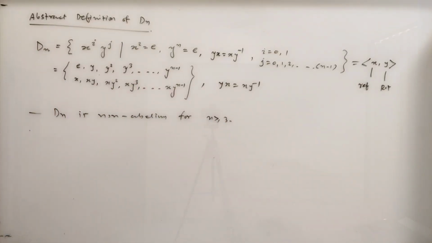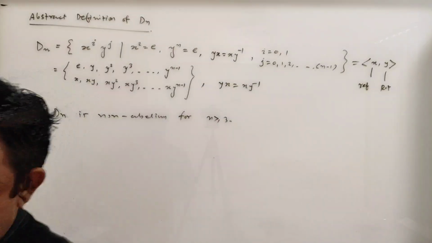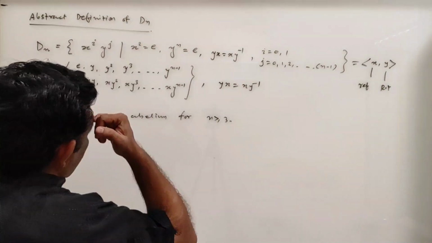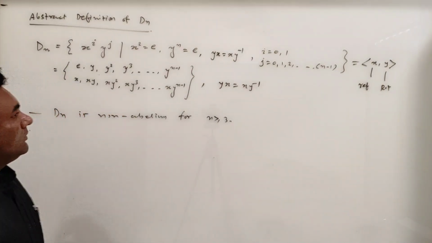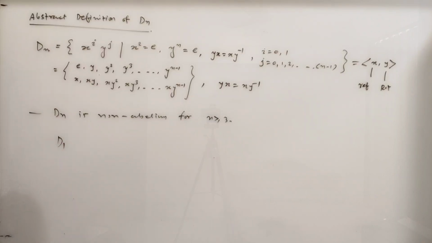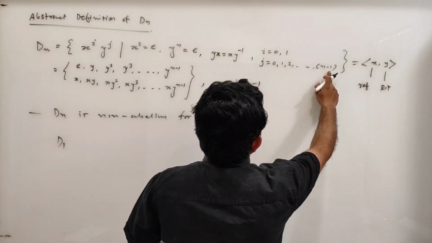What about 1 and 2? Okay, what about 1 and 2? d1. d1 में क्या रहेगा? n is equal to 1. So 1 minus 1, 0.